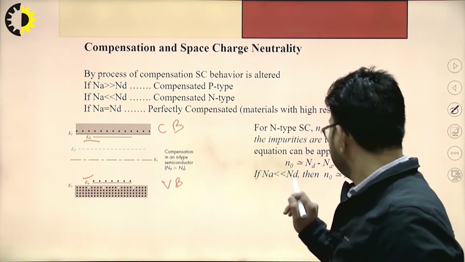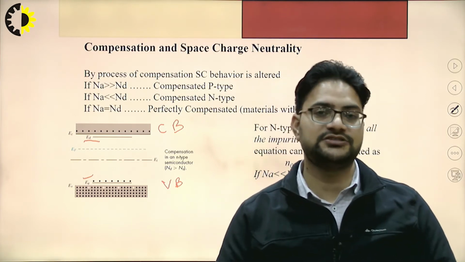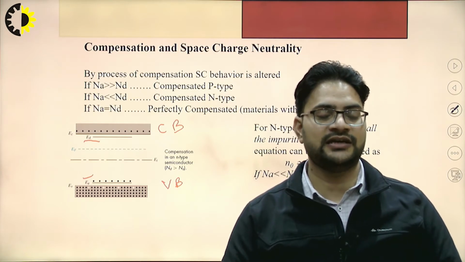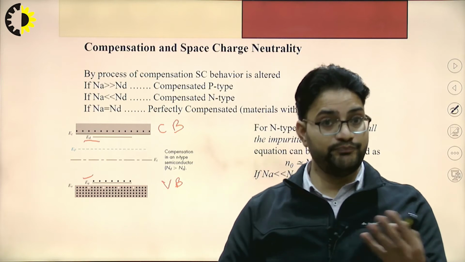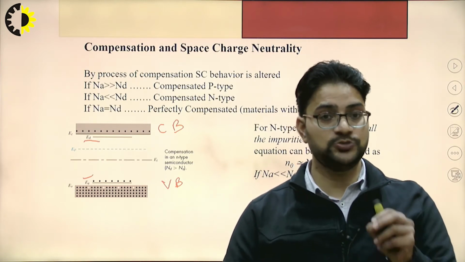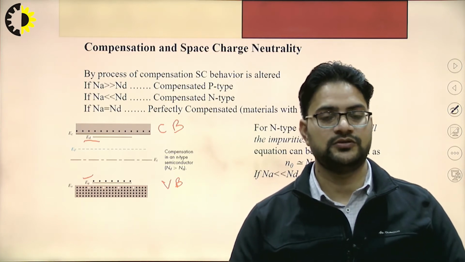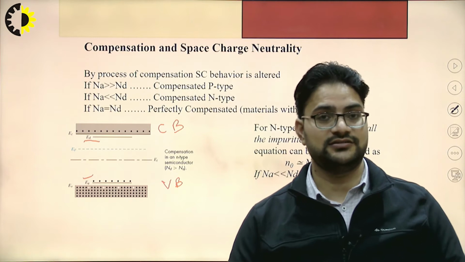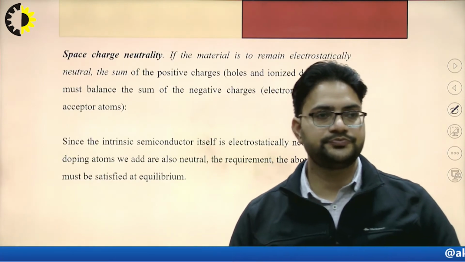Each electron will be bonded with a positively charged ion. And each hole in a P-type semiconductor, in which holes are the majority charge carriers, will be bonded with a negatively charged ion, that is, the acceptor-type ion.